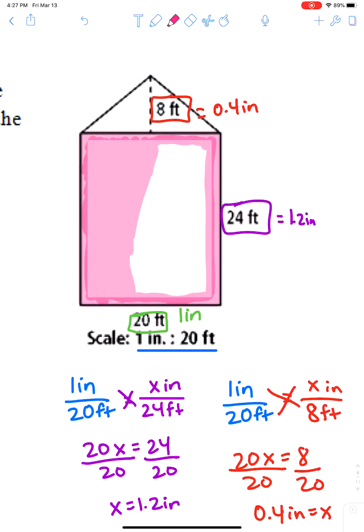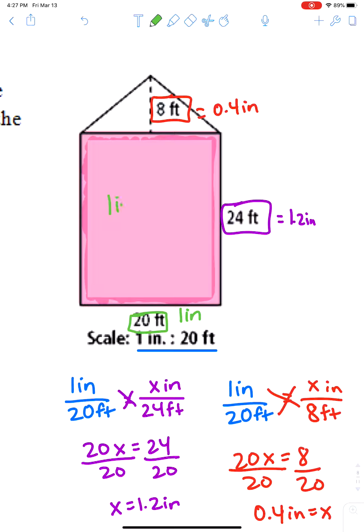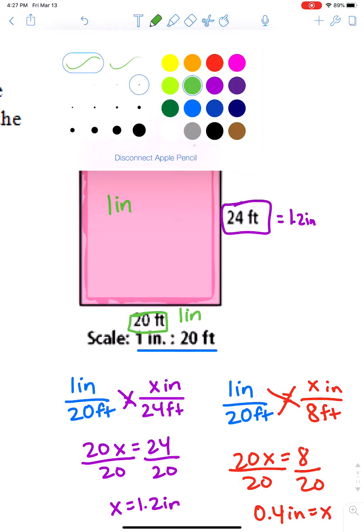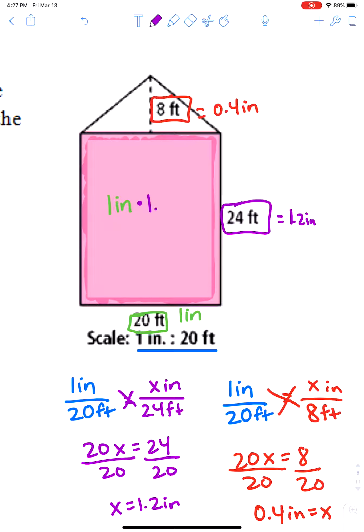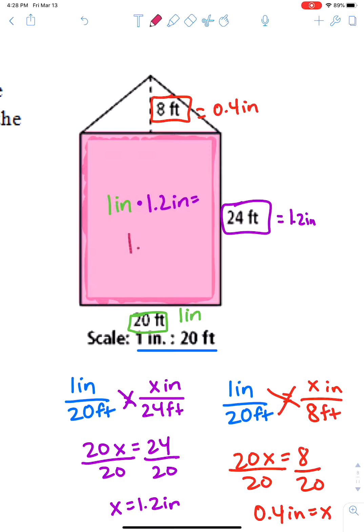This one will be the base of it times the height of it. So the base here is 1 inch, and the height is 1.2 inches. And that should give you an area, this pink, of 1.2 inches squared. So that is the area of the pink box.